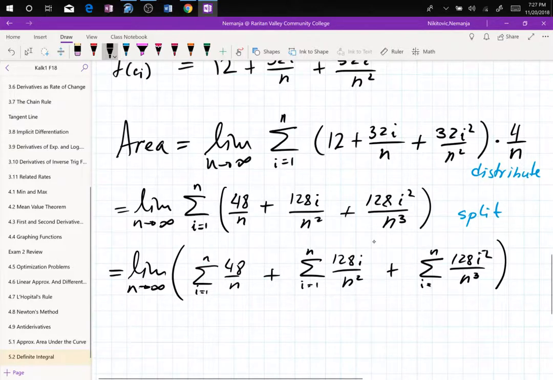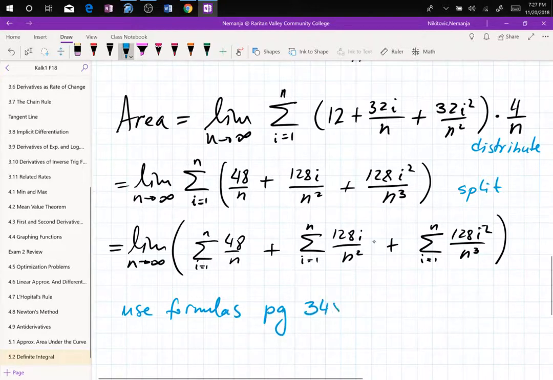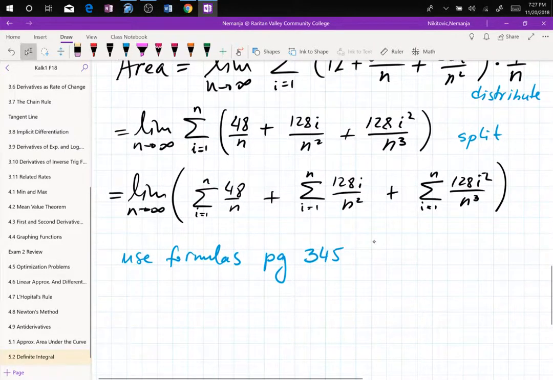And now we use formulas. Use formulas, page 345. Says summation of a constant is equal to cn.